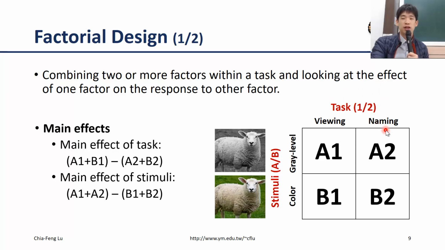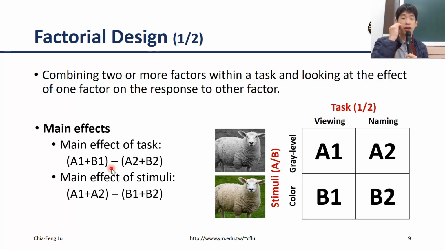For example, is there different brain activation when comparing the naming and the viewing conditions? Then you can simply combine A2 and B2, and do the contrast between A2, B2 and A1, B1.